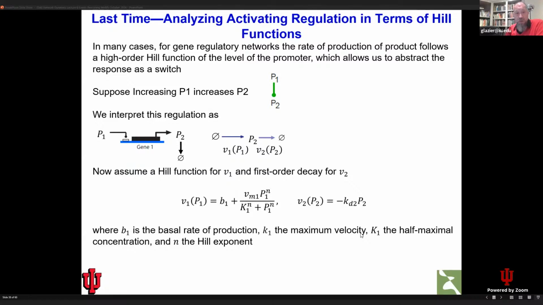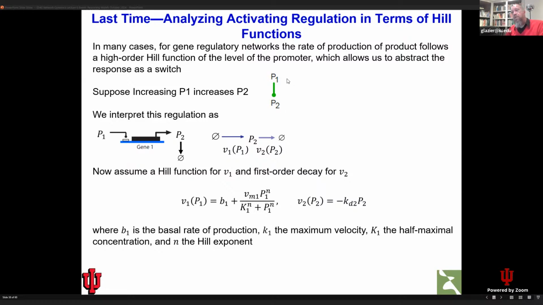Now, if I have gene regulation, I have to make some additional assumptions. In signaling, that's basically all I need to begin with. In gene regulation, if I say P1 is a promoter that promotes the production of gene product P2, I have to remember that this is actually something where P1 binds to a promoter site, the gene is transcribed and then translated.